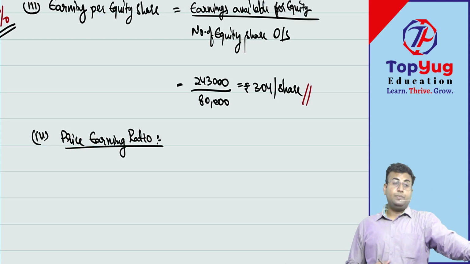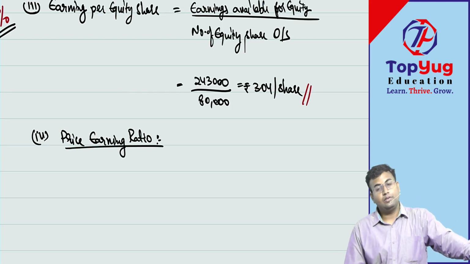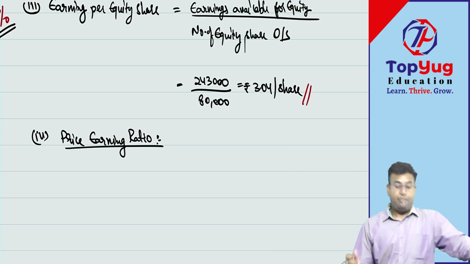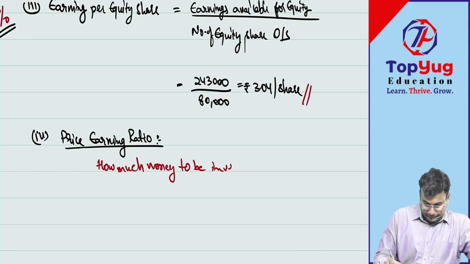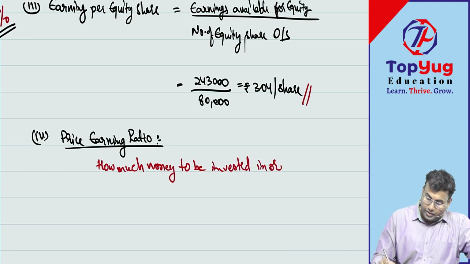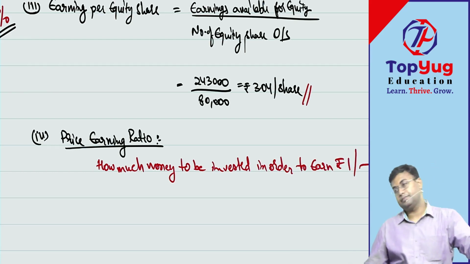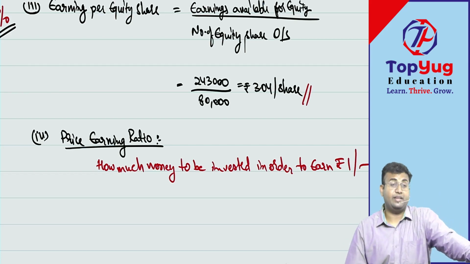Now what is price earning ratio? Price earning ratio in simple terms means how much money is to be invested in order to earn 1 rupee. 1 रुपया कमाने के लिए कितना पैसा लगाना पड़ेगा एक कंपनी में?